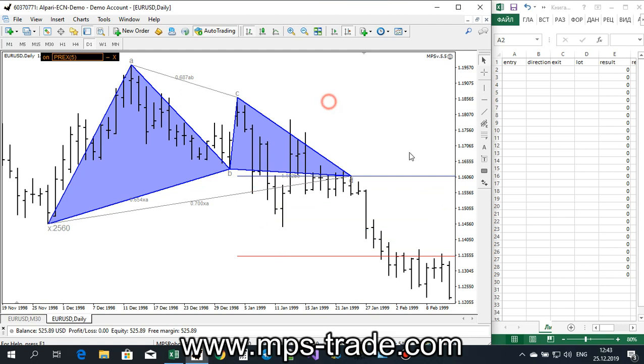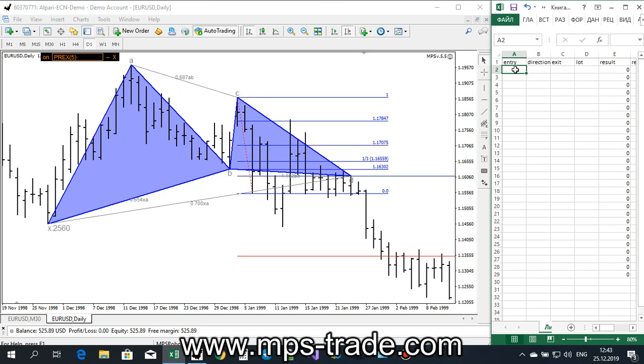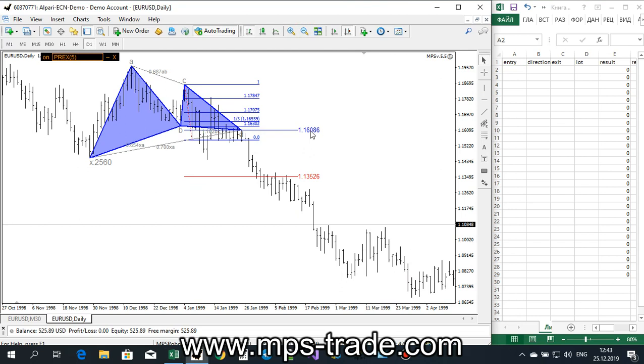Okay, now let us type down these data, these results, in our Excel spreadsheet. Pattern completion is our first entry, and it was 16.086. Direction was bull.